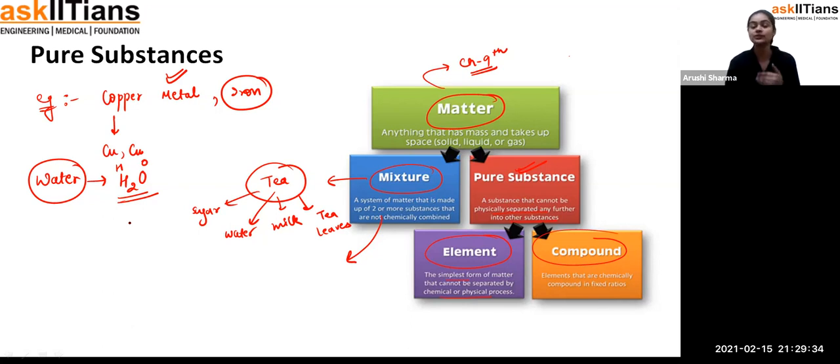Other than that, we don't have any other type of water molecule. So that's how compounds and elements are considered pure substances, because they have only one particular type of component in them. H2O is also one particular type of component. So we can't separate them out physically or chemically. So that is the pure substances.